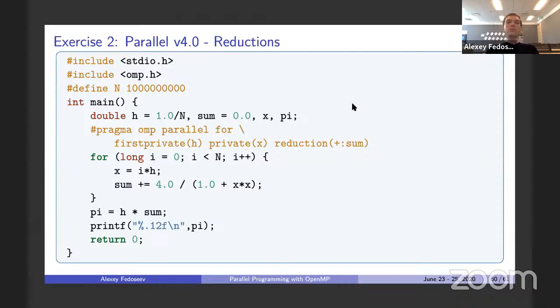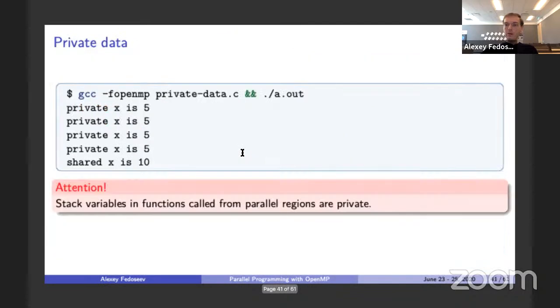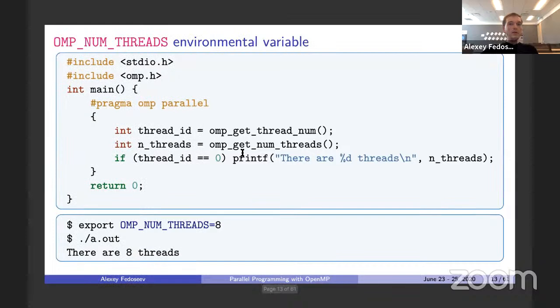Again, I can also use an environmental variable to change that. So I can compile this particular code once with my reduction. And now I'm going to scroll all the way to somewhere in the beginning. Just give me a moment. I'll show you the environmental variable you can set. Okay, so here you can see that I can compile my code once, and then I can just change the value of the environmental bash or your shell variable OMP_NUM_THREADS with how many threads I want my code to run.